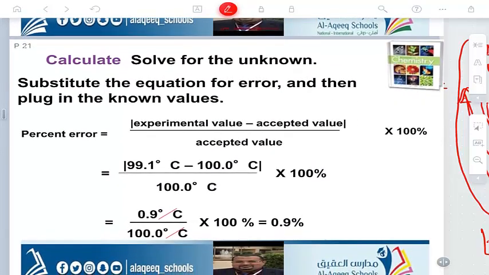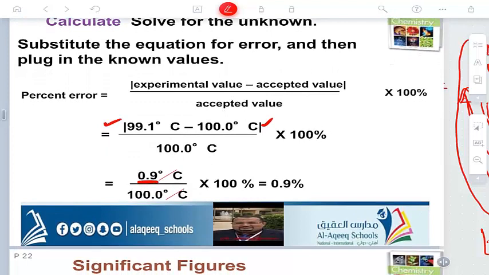Look, 99.1 minus 100 is negative 0.9, but without the negative because we need the absolute value, so it's 0.9, divided by the accepted value, which is 100, times 100%. It gives 0.9%. This is the percent of the error in this problem.